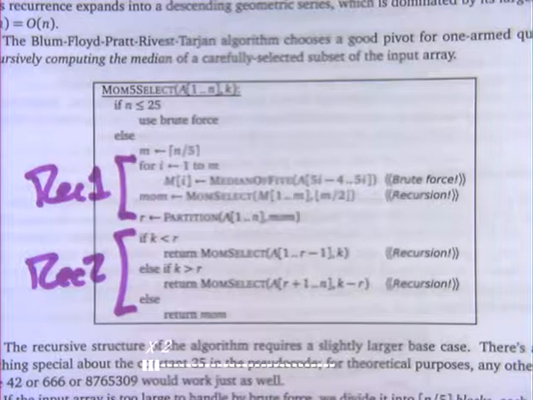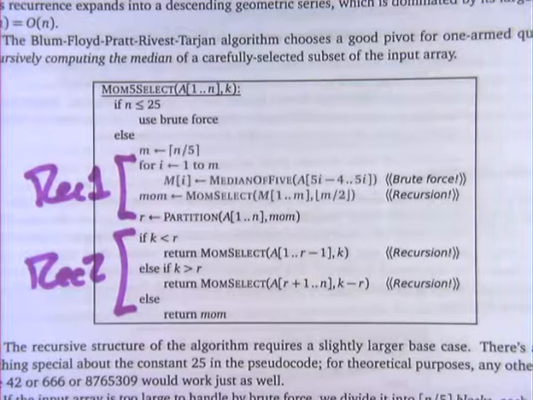I run this median selection algorithm that runs in linear time to choose the median element of the array, and I use that as my pivot for Quicksort. As I said, and as you might guess from looking at the recurrences, the constant factors here are horrible. In practice, what you want to do is choose a random element in the array to be the pivot.